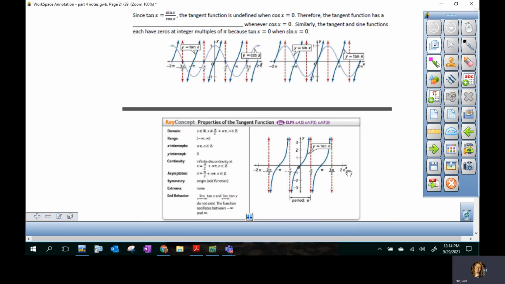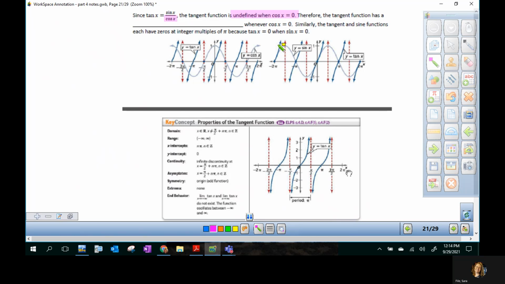Now, we talked about earlier how you can't have 0 in the denominator of your fraction. You can't divide by 0. So since cosine is the denominator of the tangent function, that means if cosine of x is equal to 0, tangent is going to be undefined.